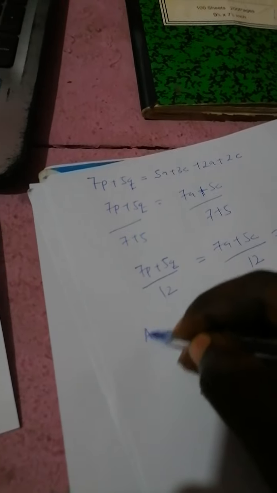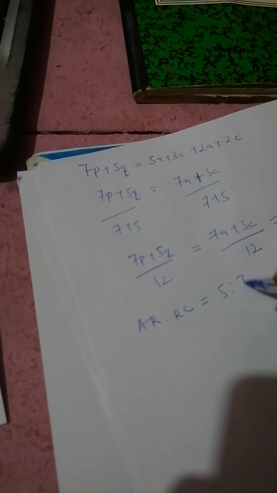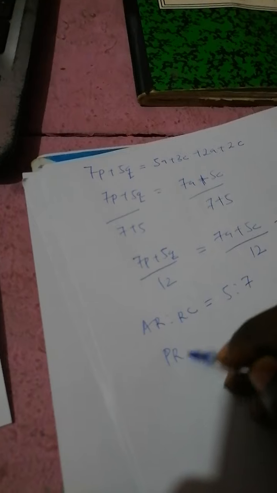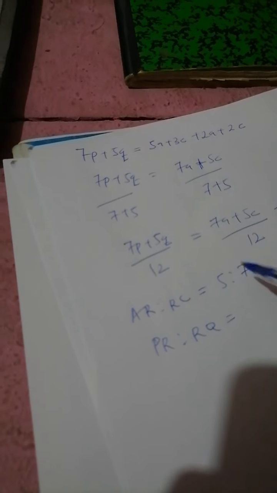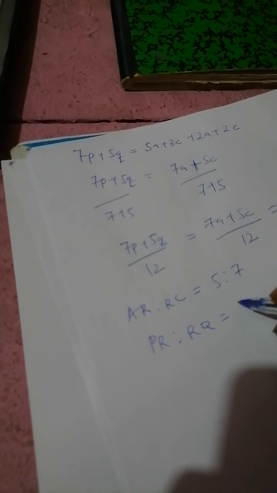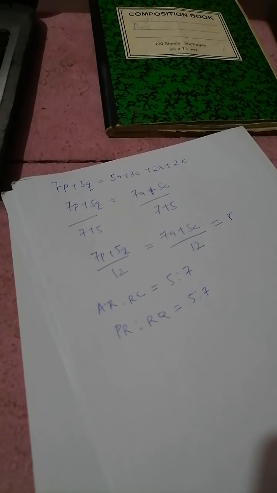So it means my AR is to RC is just 5:7, and my PR is to RQ is also just 5:7. So they have the same ratios, and that's it for question 3.